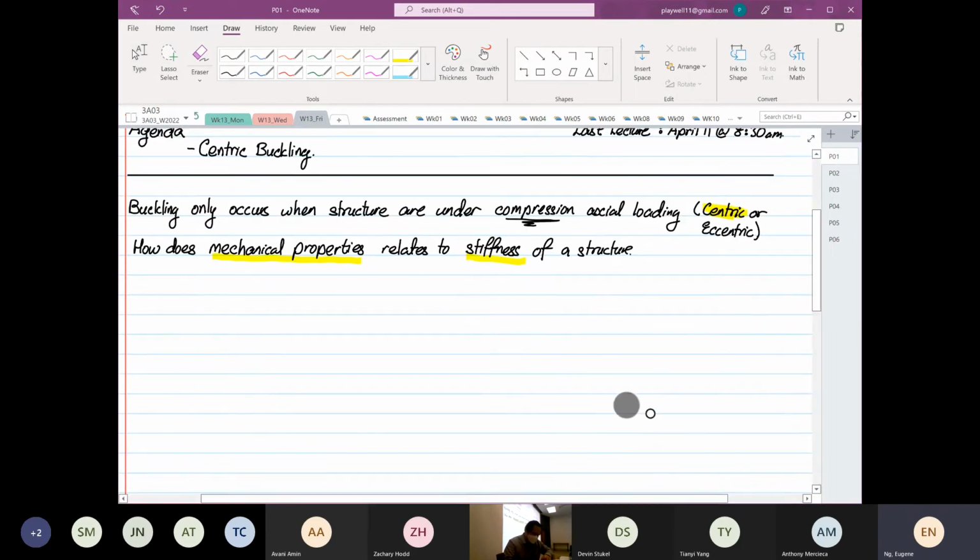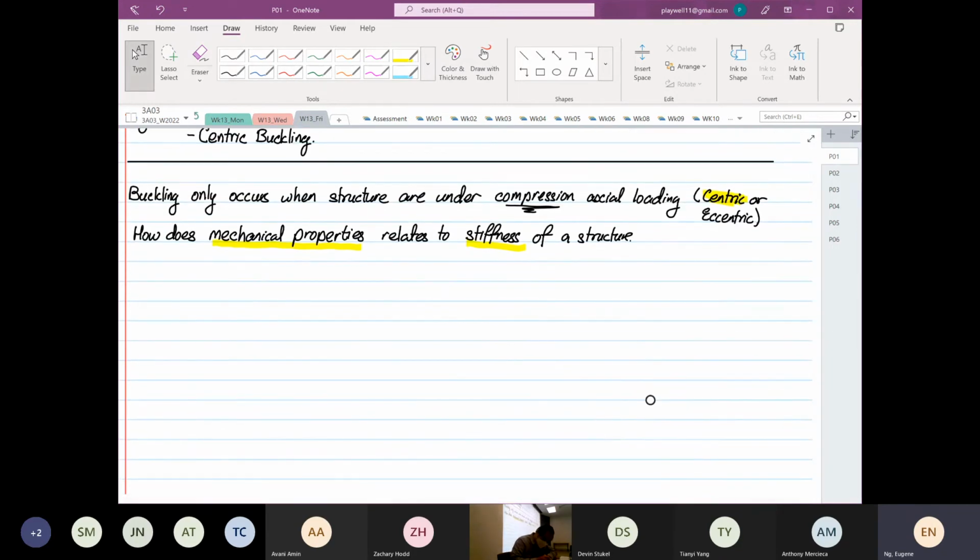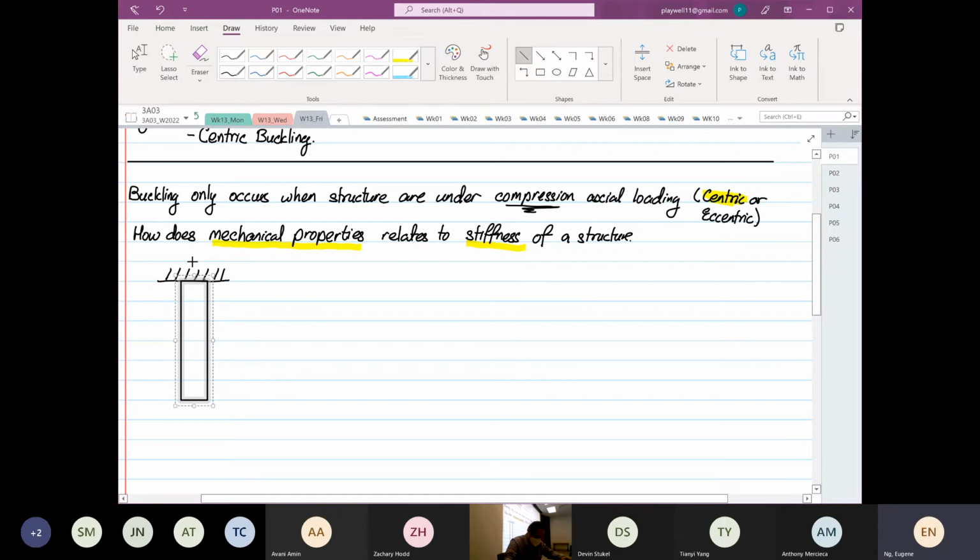Okay, let's look at a structure under compression. So if we have a structure built-in at one end, and then we have a structure over here, and the green line I'm going to sketch is our neutral axis.